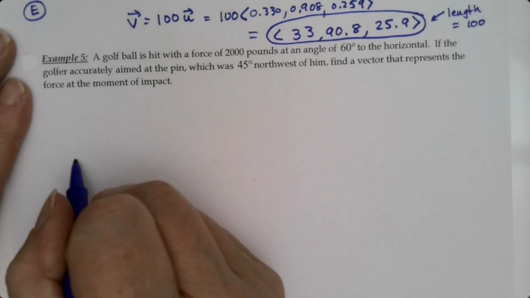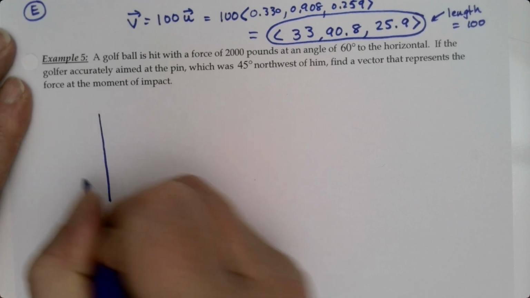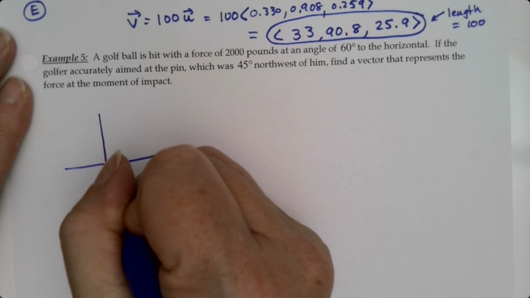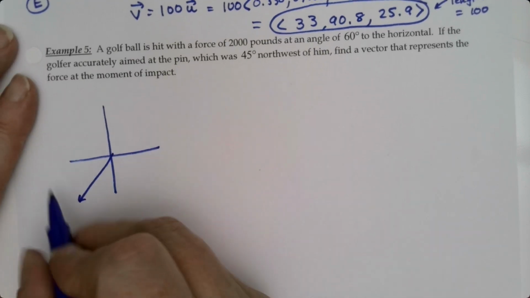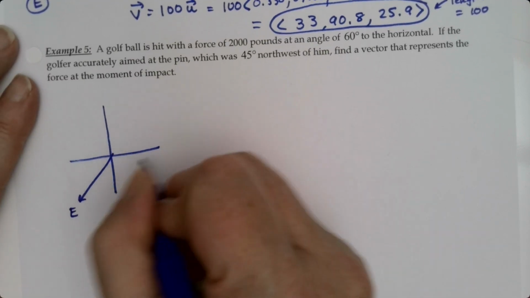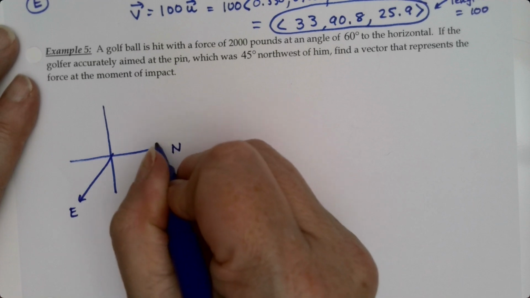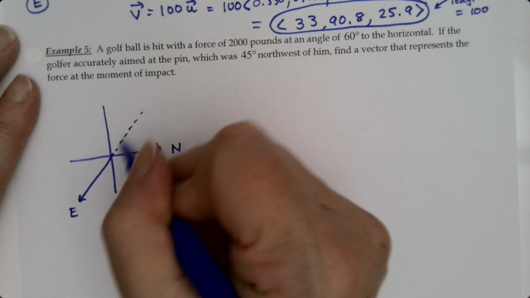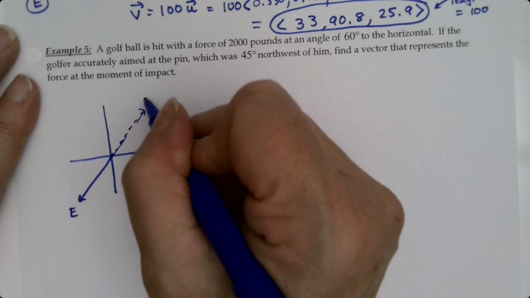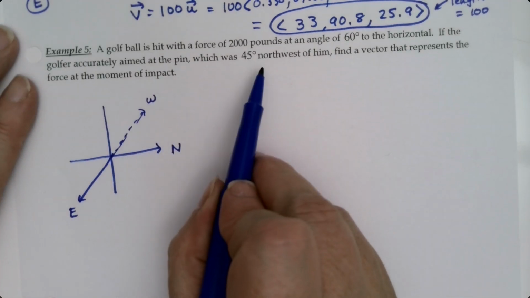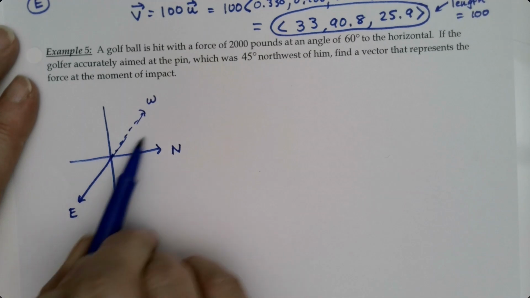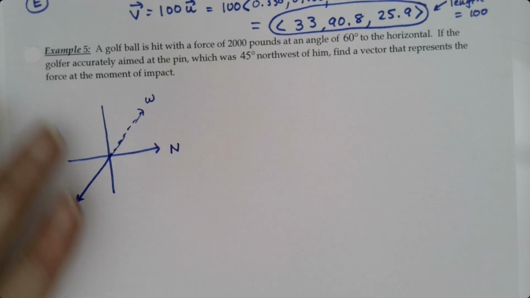We have this is east, this is north, and they're going to go northwest. West is over here, so there's west, and they're going to go 45 degrees northwest, so that means they're shooting off into that piece right there.